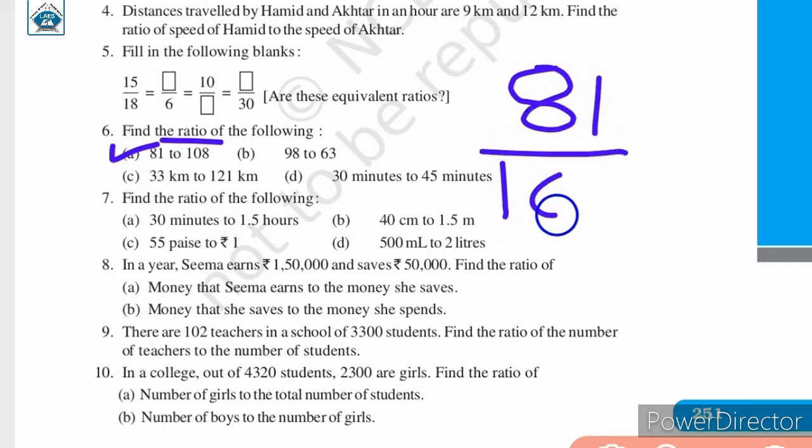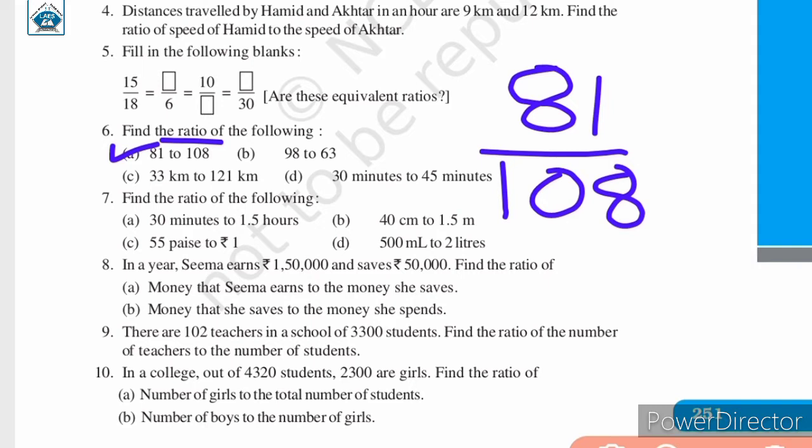upon 108. Now you know that this is not the simplified form of the ratio. This is not the reduced form. So for writing this ratio in the simplest form, we divide the numerator and the denominator by their highest common factor. So you all know how to find the highest common factor of 81 and 108.